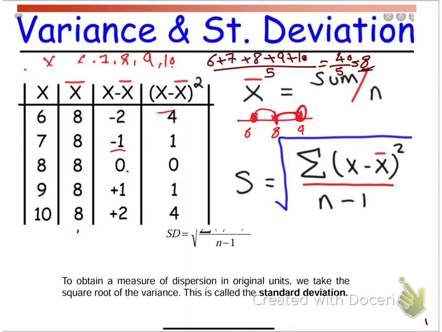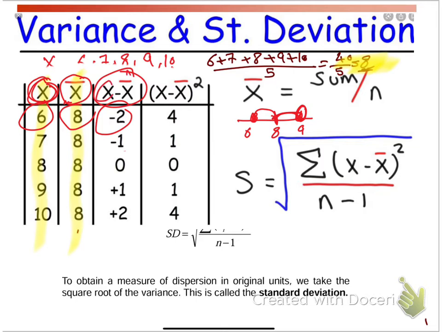Just list down the values of x, then calculate x bar, then x minus x bar, put it in a column. First column x, second column x bar, third column the first minus the second. Then the next column would be the same column but squared, x minus x bar squared.